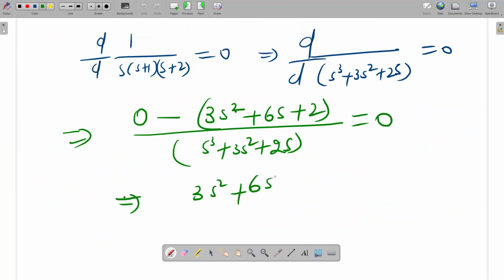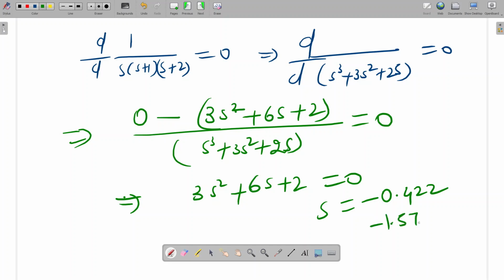So what will be the solution for this one? This will be the breakaway point. All of you can also try this one: 3, 6, 2. So one we are getting s equal to minus 0.422, the other we are getting minus 1.577.